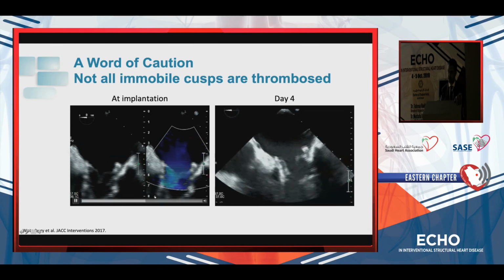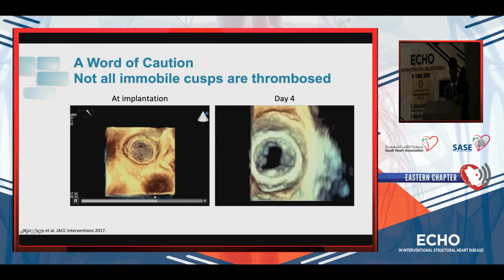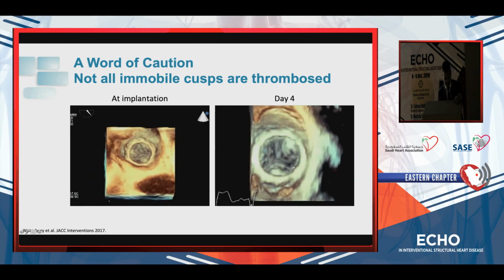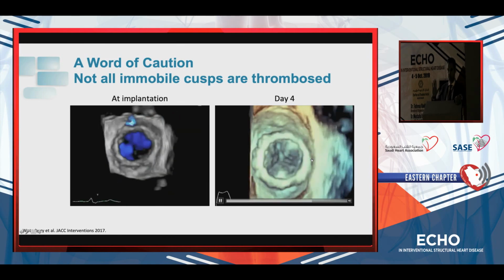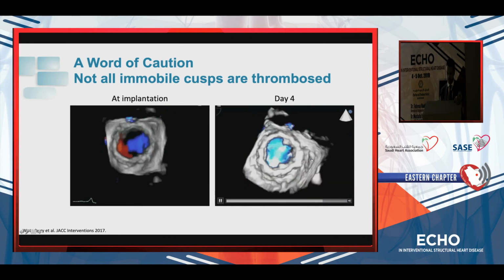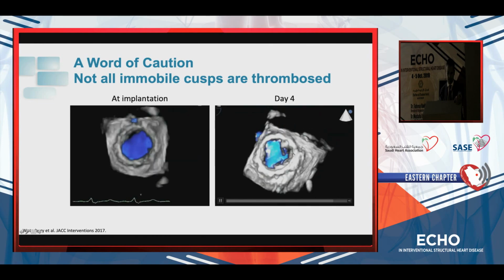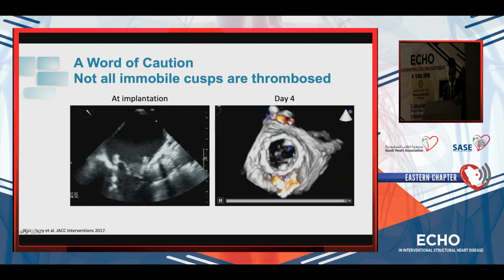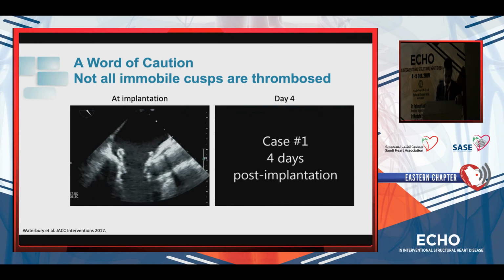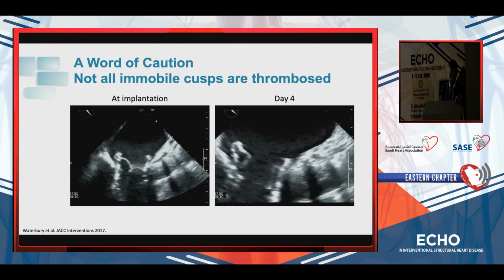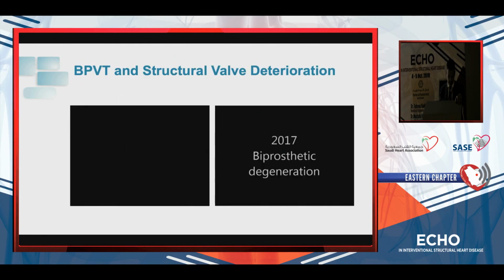This was a patient that had a lot of mitral valve annulus calcification, and the calcification pushed the stent of the bioprosthesis inward, and that caused deformation and malfunction of the prosthesis. So it's not always thrombosis in the early days.